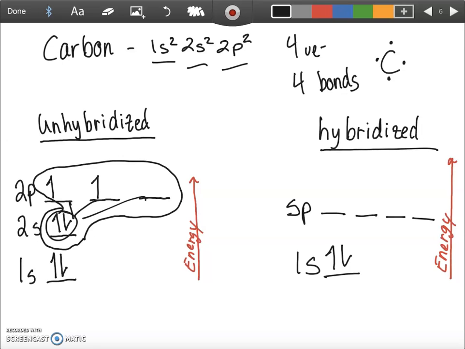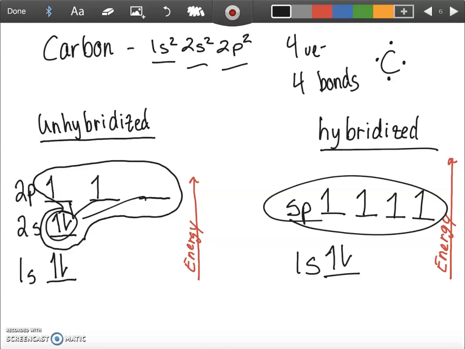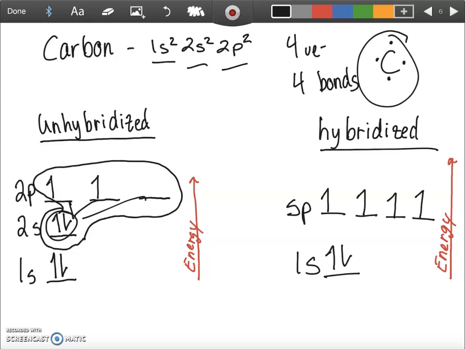And if we go in to fill the orbital diagram now with the 6 total electrons, we have 2 in this 1s orbital, and then we have 4 more remaining to put here. And this represents the new valence shell with 4 unpaired electrons, which matches what we see carbon doing.